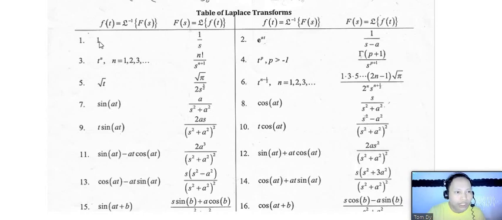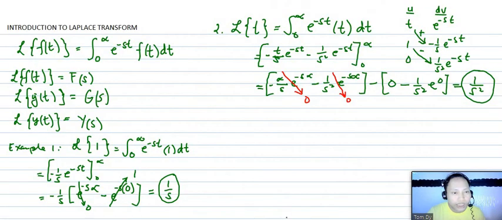If our function is 2, then its Laplace transform equals 2 over s. Now, if we have e raised to at as our function, then its Laplace transform is 1 over s minus a. So we can make use of this table in order to find the Laplace transform of any function. Notice in our example, the Laplace transform of 1 equals 1 over s.